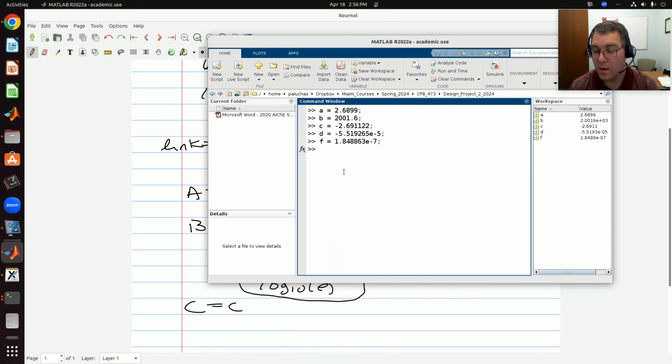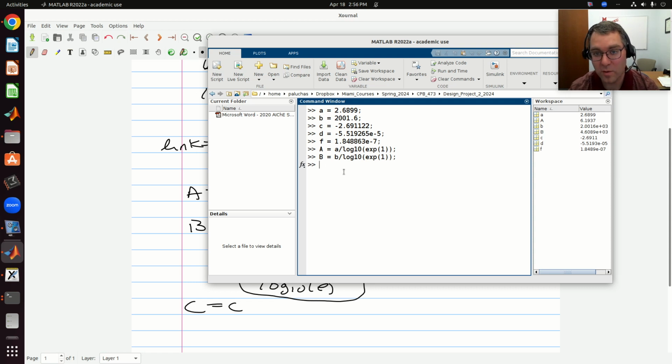Now converting. Big A is equal to little a divided by log base 10 of e, and how I get e is that it's the exponential of 1. Big B is little b divided by log base 10 of the exponential of 1. C I don't need to do anything with.